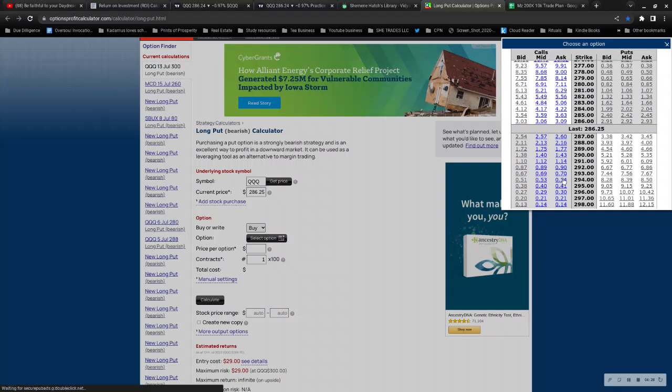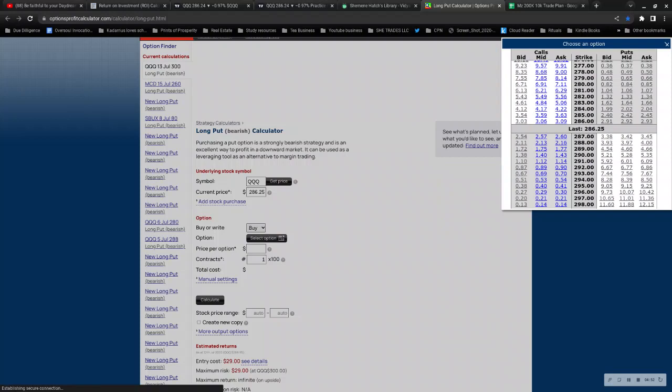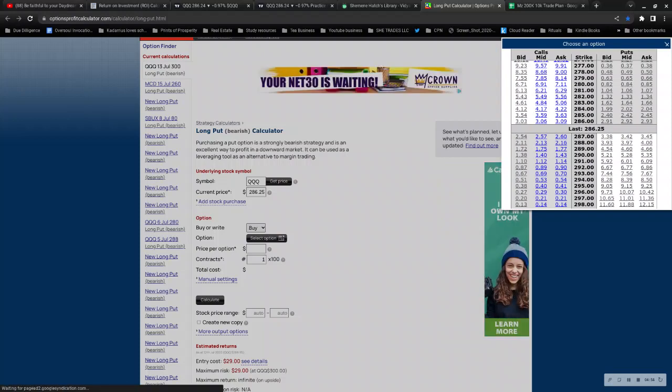So I think tomorrow, let me see, I have my Thinkorswim up. There's a way on Thinkorswim where you can actually see what the market makers anticipate the move is going to be. QQQ normally moves about $7 or $8.